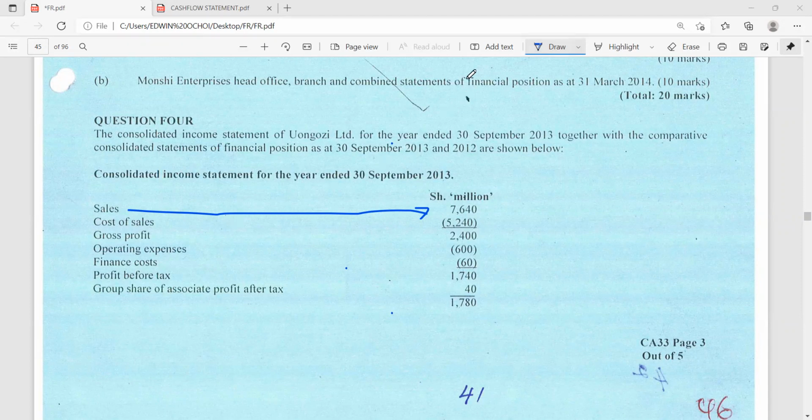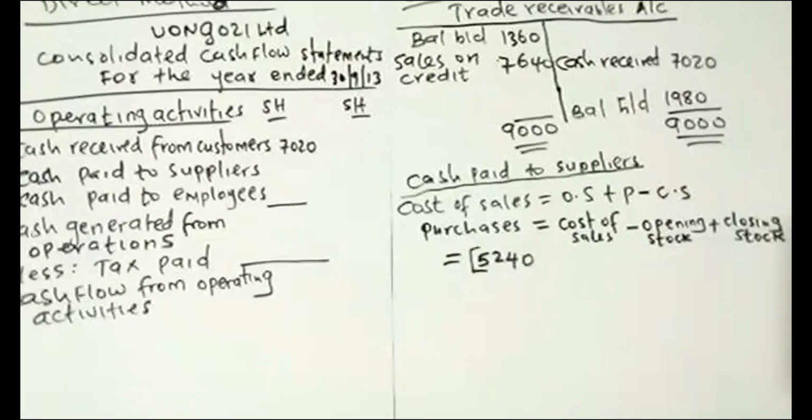Under International Accounting Standards 1, expenses are classified under functional heads. These functional heads are cost of sales, administrative cost, distribution cost, and finance cost. You will find that expenses like depreciation and loss on disposal are under the cost of sales.